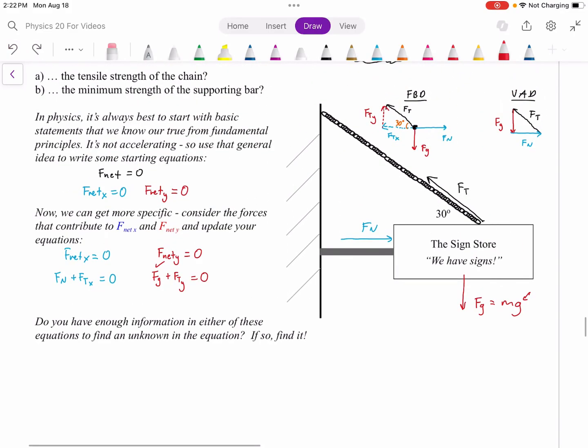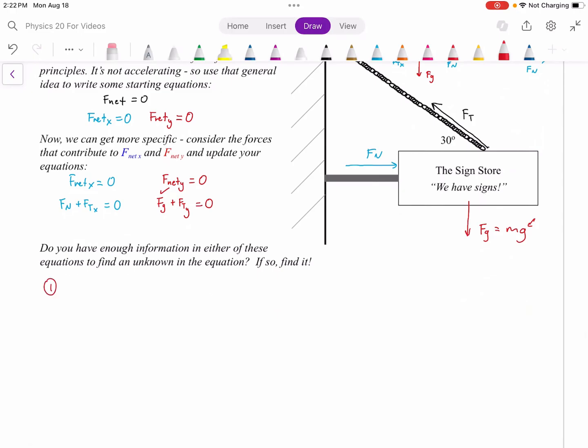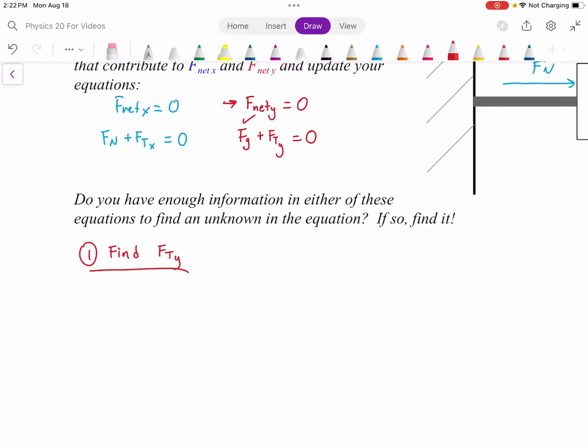Once we've got its y component, we'll know one side of the triangle and an angle, so you can see we're starting to get somewhere. Okay, but let's start there. In step one, we're going to use this fact to find the force of tension's y component. Remember, ultimately what we're trying to find is Ft. So we're going to find the force of tension's y component by using what we just said.